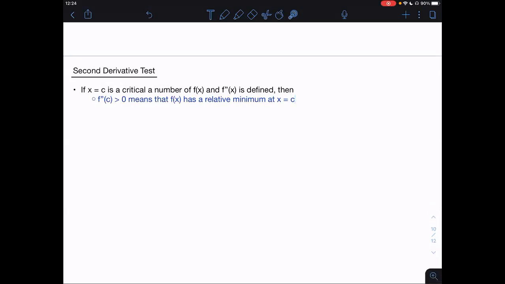If our critical value gives us a positive number in our second derivative, then that critical value is a relative minimum. Recall what it means for our second derivative to be positive from section 3.2.